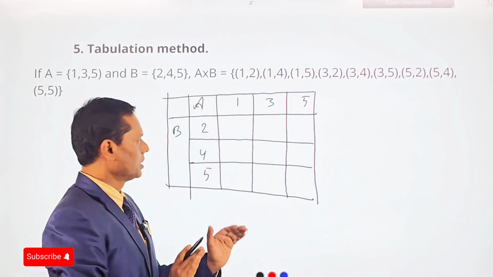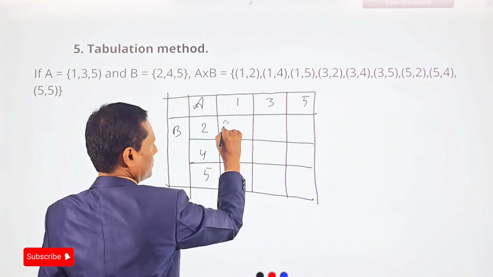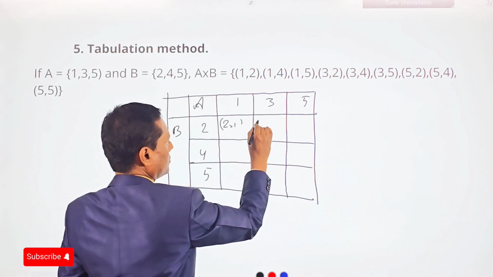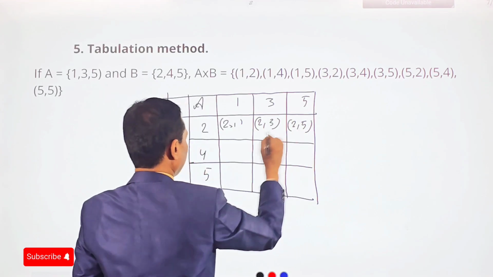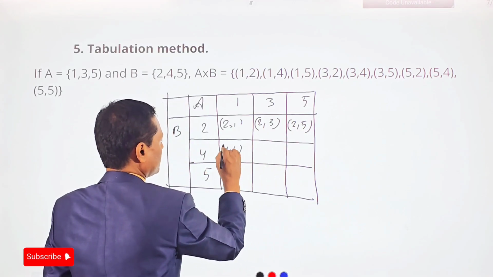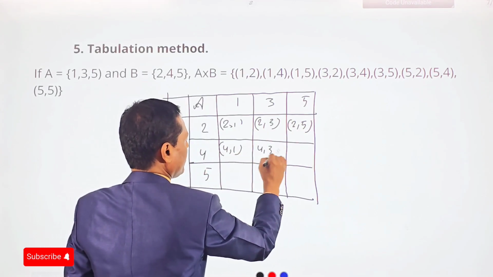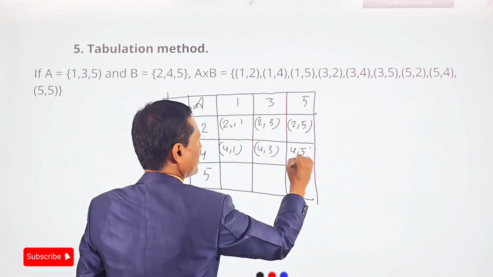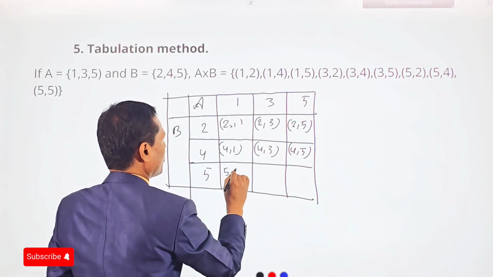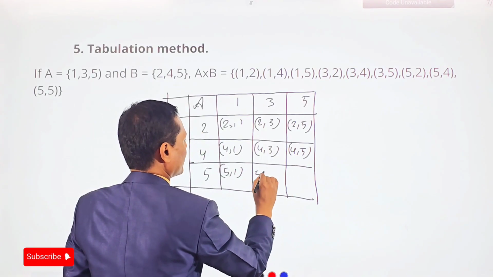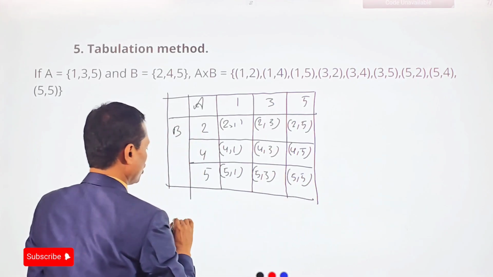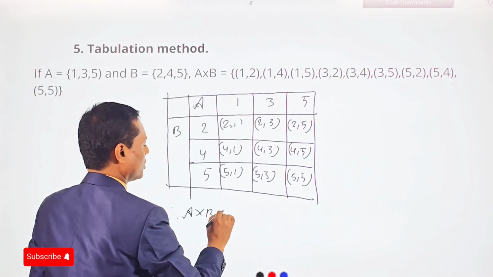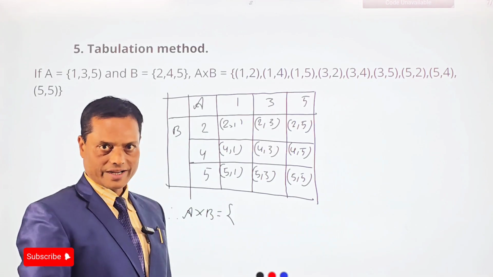After that, we write here 2, comma 1. Here 2, comma 3, 2, comma 5. Here also 4, comma 1, 4, comma 3, 4, comma 5. Here 5, comma 1, 5, comma 3, and 5, comma 5. And not to forget to write all the ordered pairs inside the curly brackets, right?